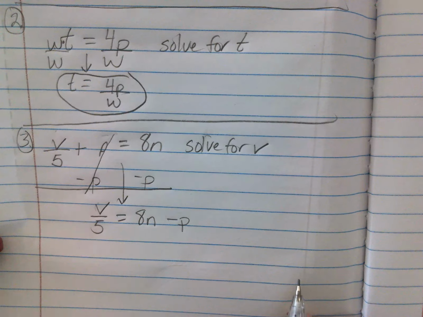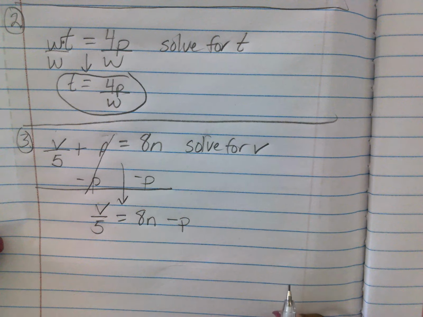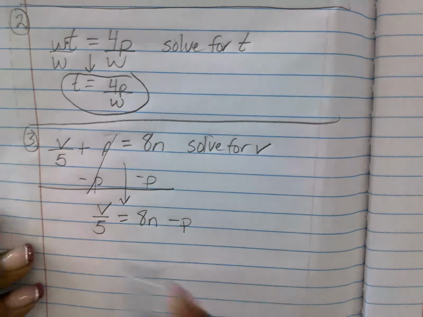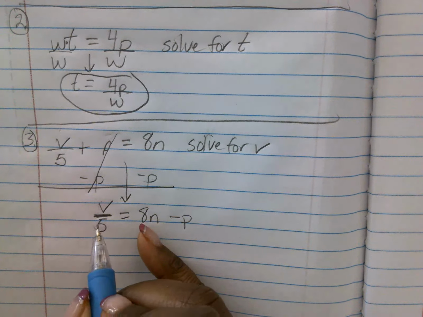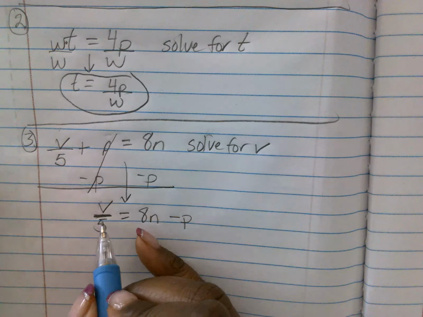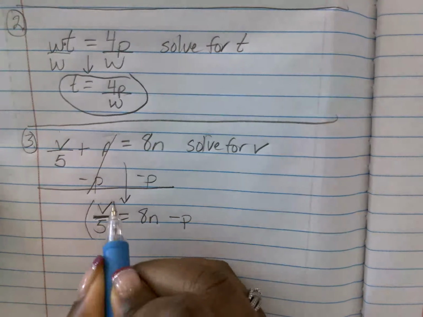What do we do next to get V by itself, Dennis? No, not n. Cam, what do you think? You multiply by 5. You're trying to get V by itself. This is division. The opposite of division is multiplication. So we're going to multiply both sides by 5.